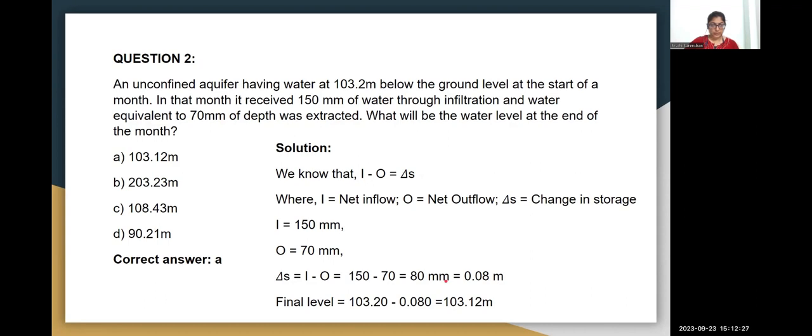Wait. I think I'll come back to this question, because I have a doubt whether it is adding to the water level or removing from the water level.